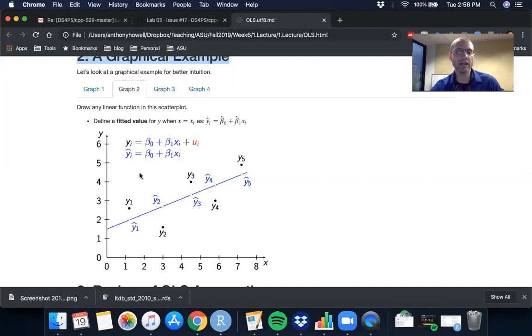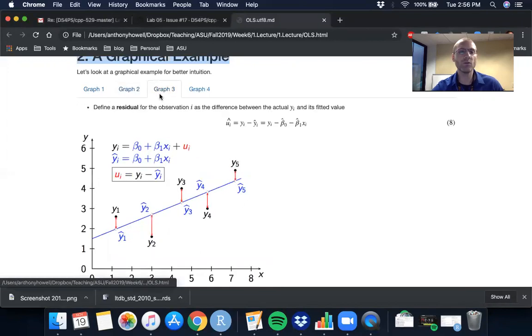So beta 0 plus beta 1 x is going to give us our predicted data point, which is a prediction for our actual observed data point y1. For every data point, we're going to have a prediction. Here we see we have 5 data points and 5 predictions, given a value of x, what we predict the actual y value will be.